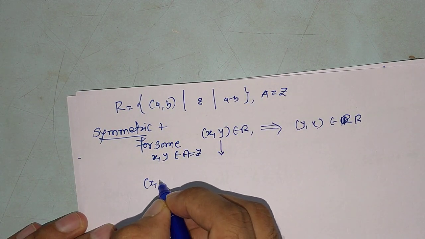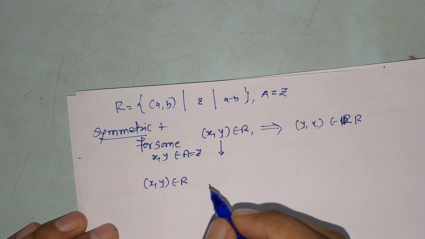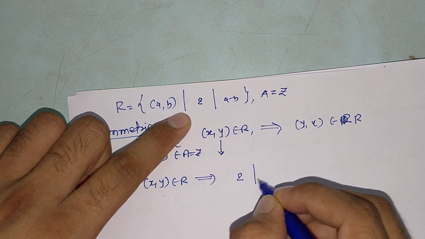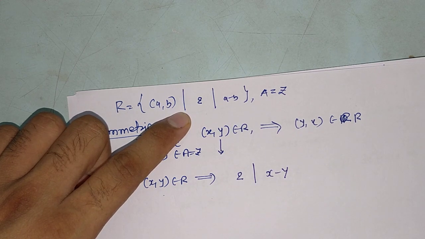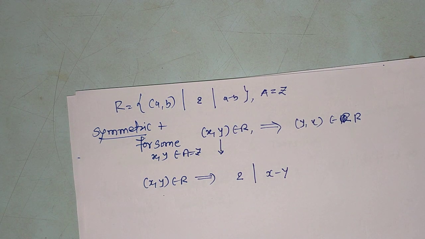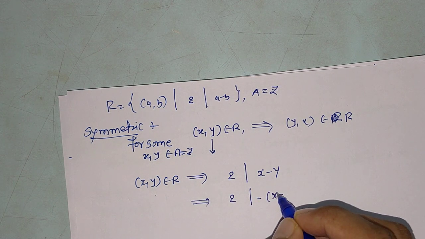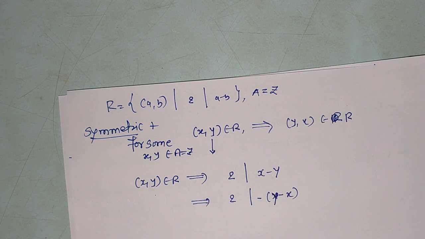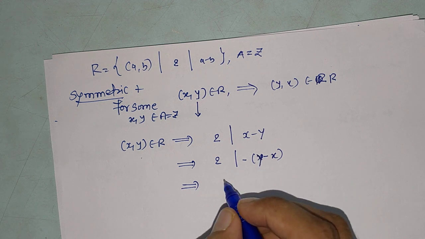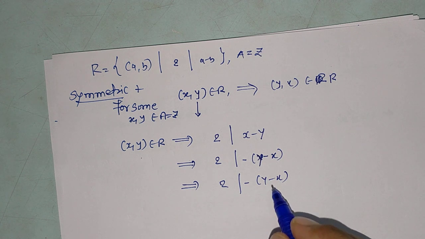Okay, so let's start with this portion. It says that x and y are related. If x and y are related, it must satisfy the relation, that 2 divides x minus y. Yes, I just replace the values of a and b by x and y. So 2 divides x minus y. Now if I take out minus 1 common from these two terms, I can write this one: 2 divides minus (y minus x), that is, 2 divides y minus x also.